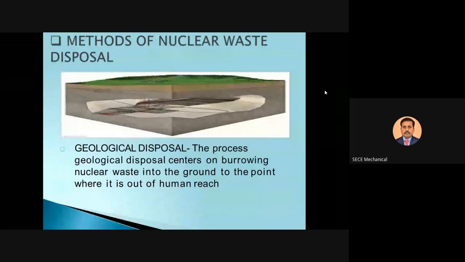You have to make a pit deep enough that humans cannot reach it. Then we dispose all the nuclear waste, put it in this area, and bury it. That method is what we call geological disposal.